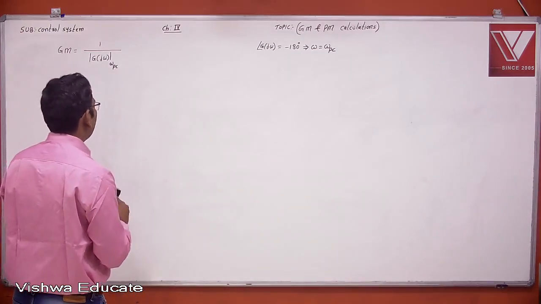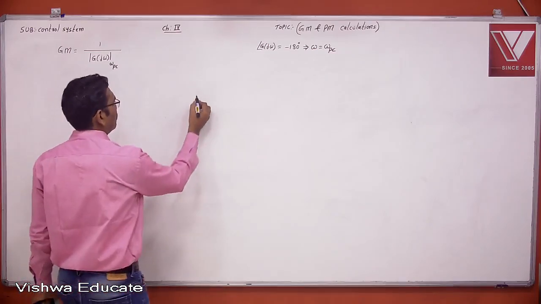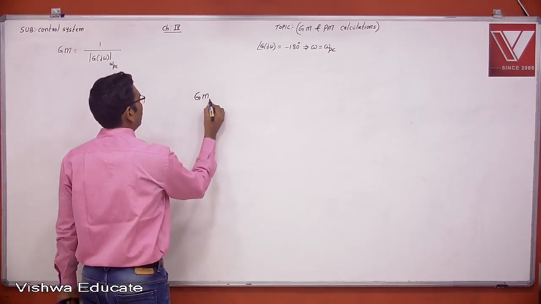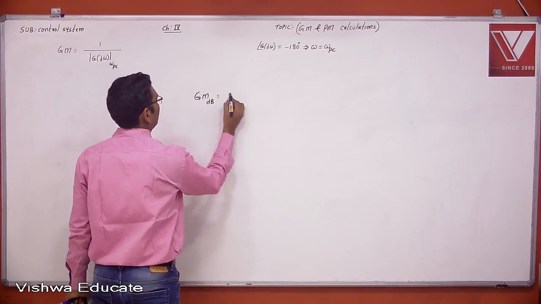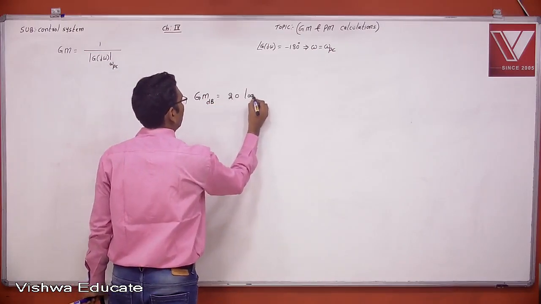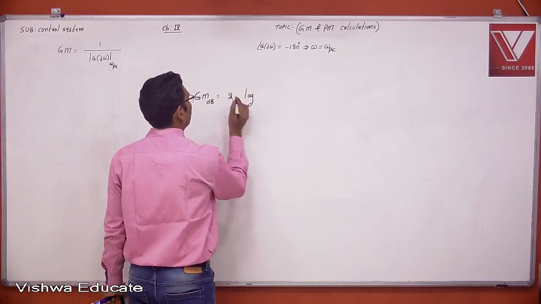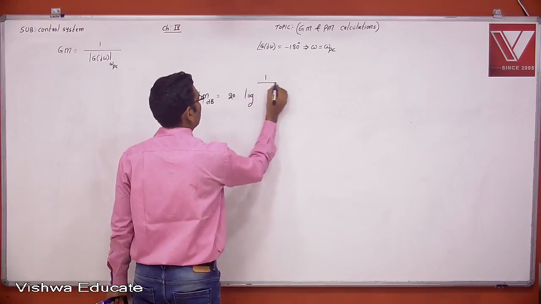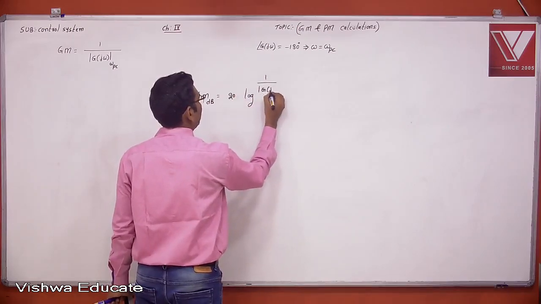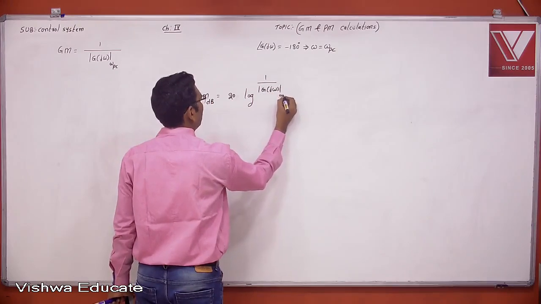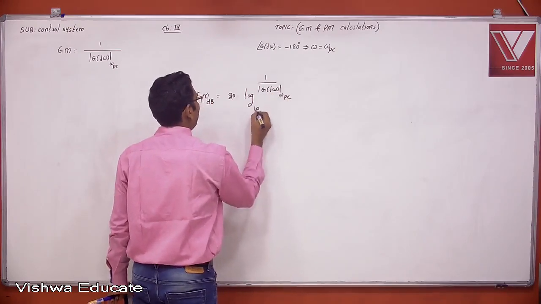If you want the gain margin in terms of dB, it is 20 log of the reciprocal of the magnitude of G(j omega) at the phase crossover frequency.